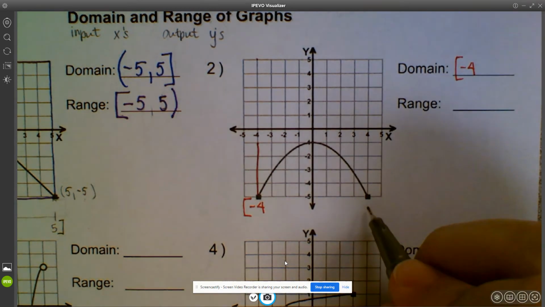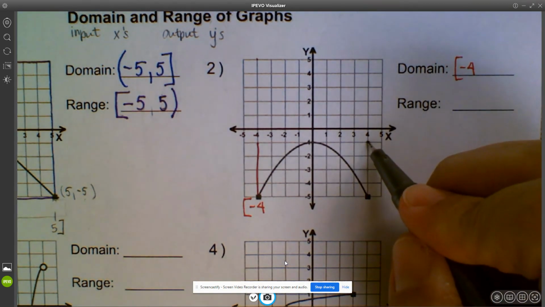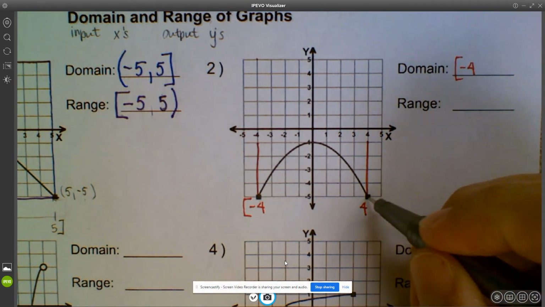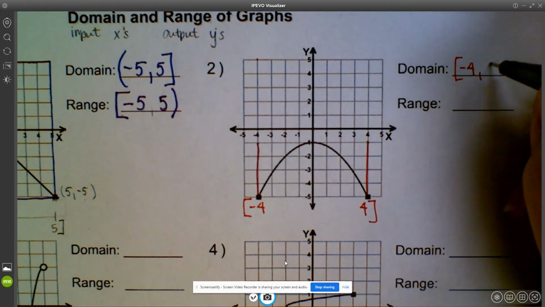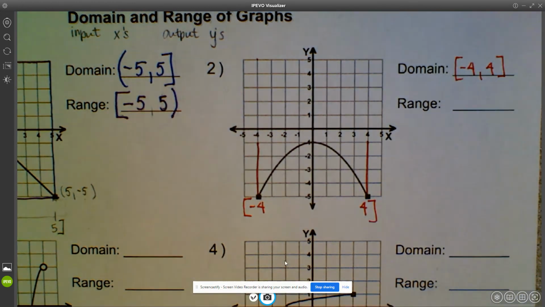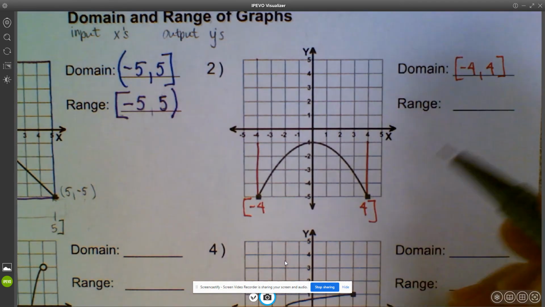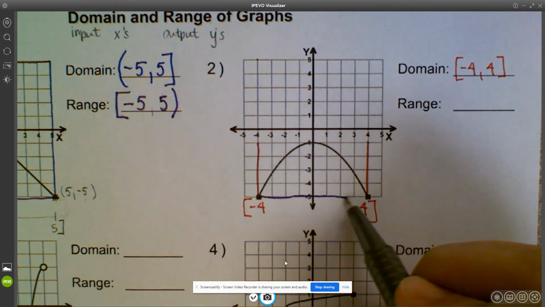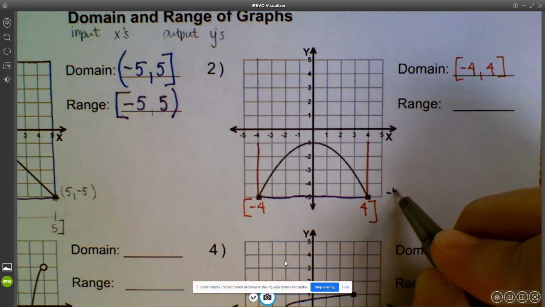Then I'm going to look to the right side. How far to the right does this thing travel? Well, this thing travels all the way to +4, and that's a closed circle. That's included. So there's my domain. All right, and now let's look at our range. What is the lowest that this graph goes? Well, it goes down to these 2 points here, and that happens at -5.